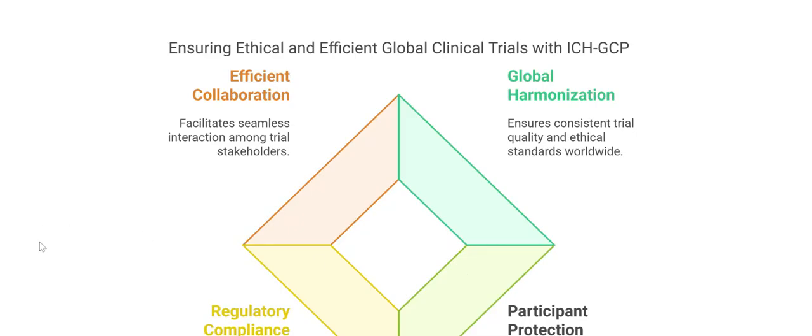Here, a nice diagram about ensuring ethical and efficient global clinical trials with ICH-GCP, as we have the efficient collaboration, which facilitates seamless interaction among trial stakeholders. And here the stakeholders are the sponsors, CROs, and investigators. Global harmonization ensures consistent trial quality and ethical standards worldwide, globally.